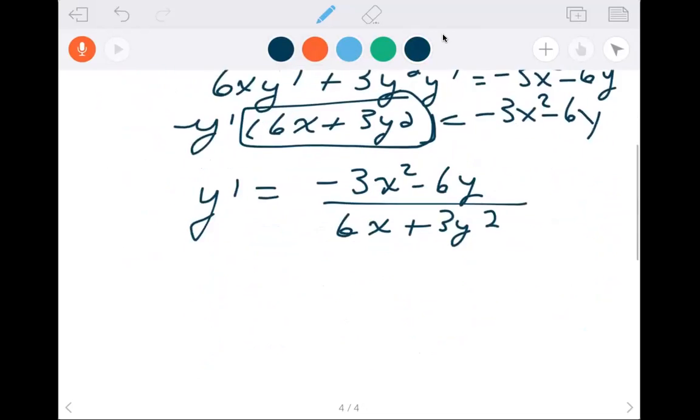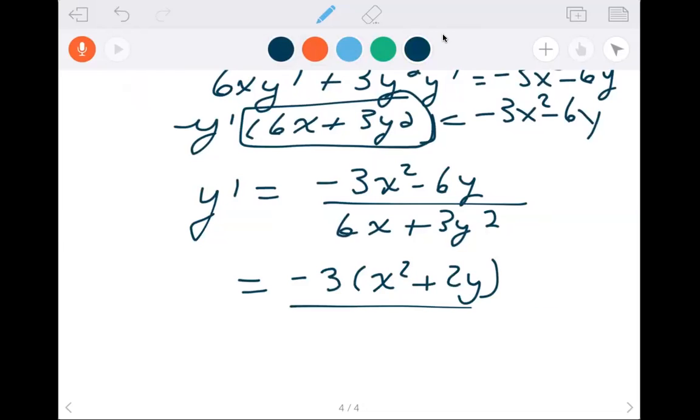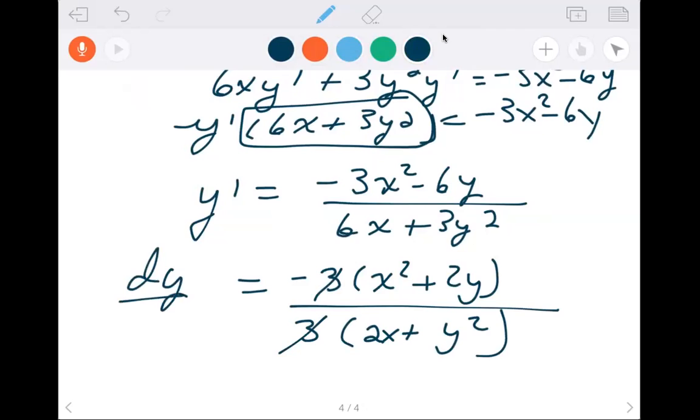Factoring is always our friend. So let's factor a negative 3 out of the top. Let's factor a 3 out of the bottom. Cancel, and we can go ahead and leave it. This is our dy dx.